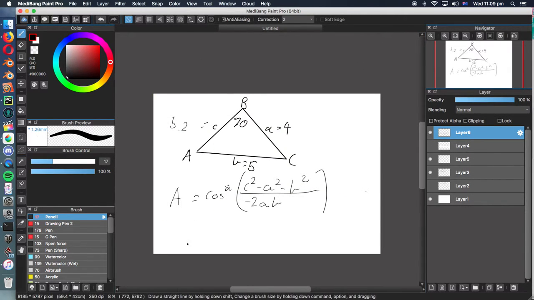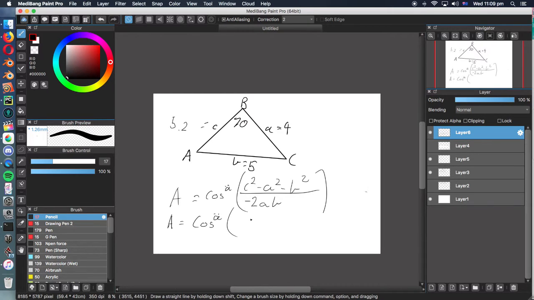So A equals cosine to the power of negative 1, with the angle. I'm not sure this is correct, but oh well, I'm just having fun.